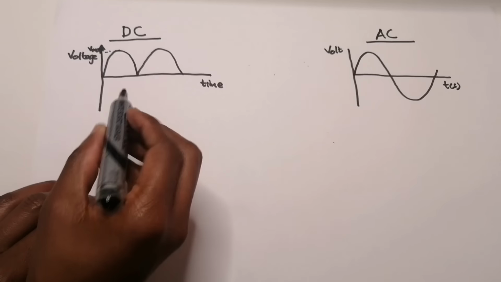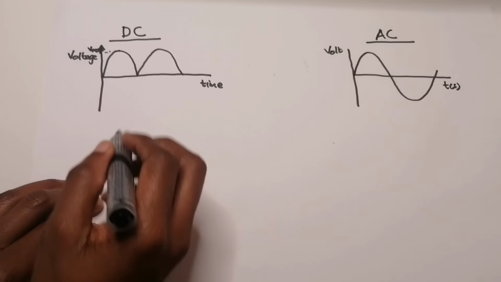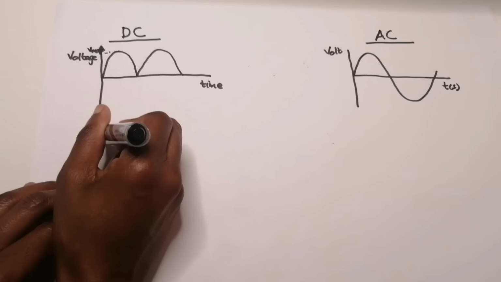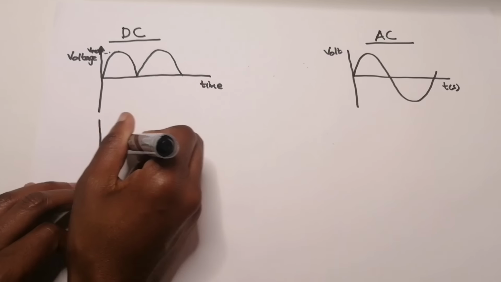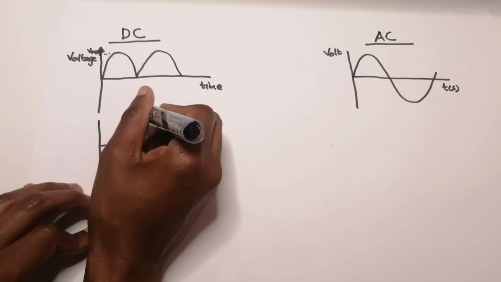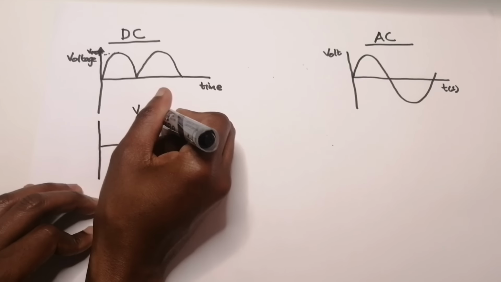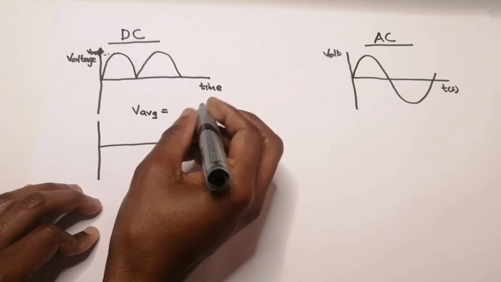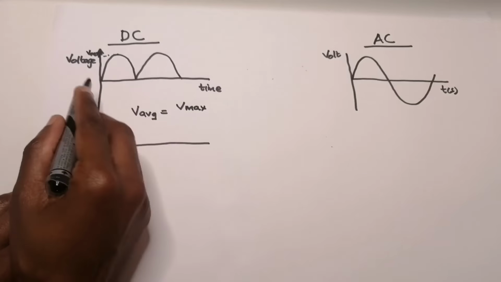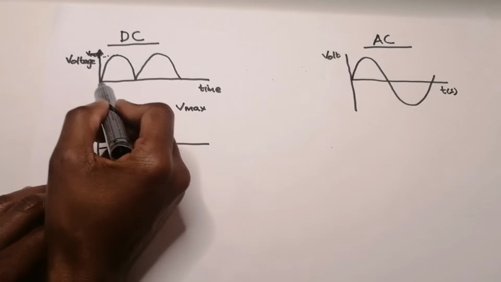In this case, with voltage, I can actually give you the average voltage with time. To calculate the average voltage, that's simply V max. You take the mean of your maximum plus the minimum.